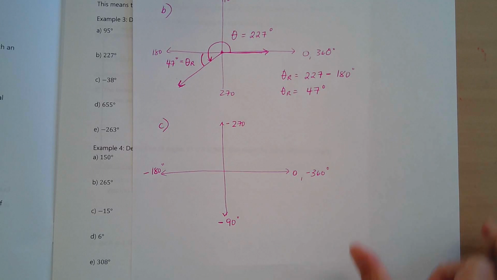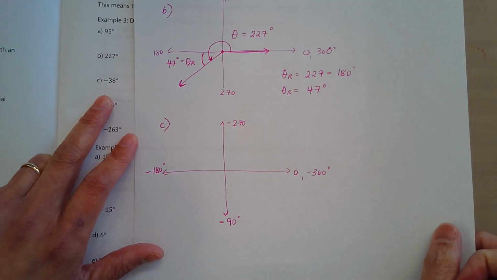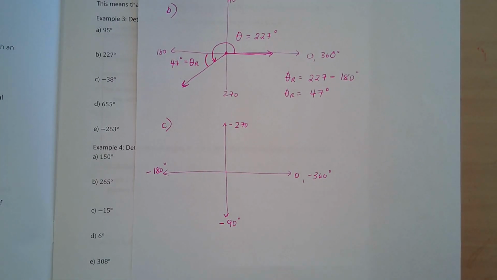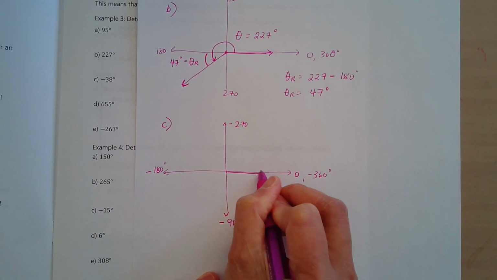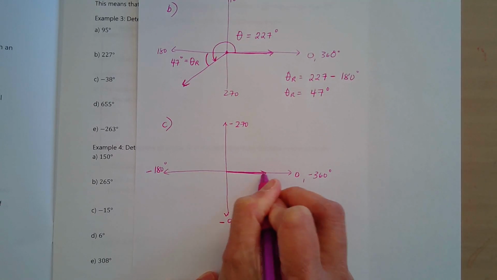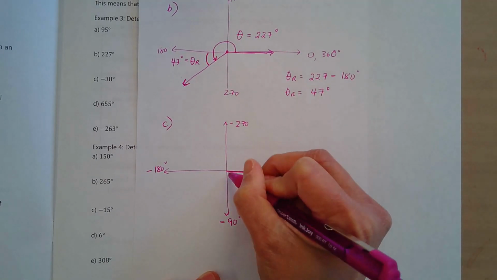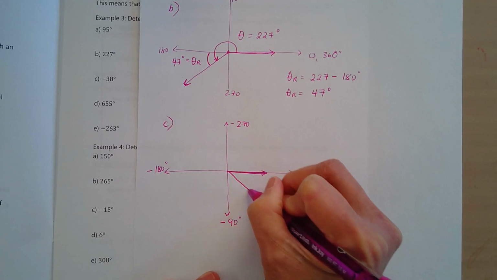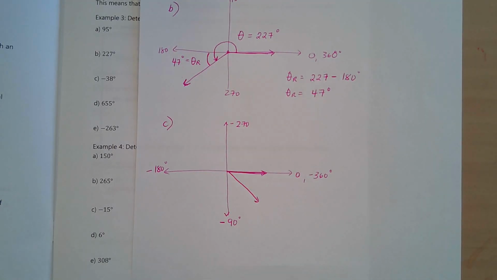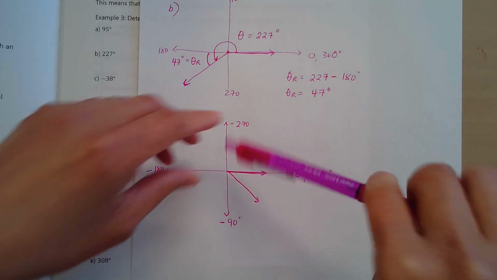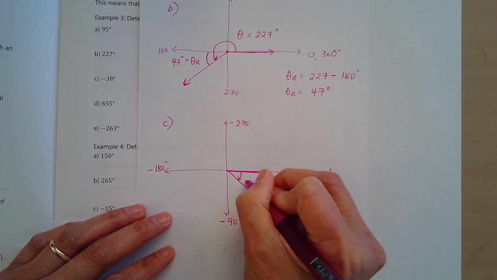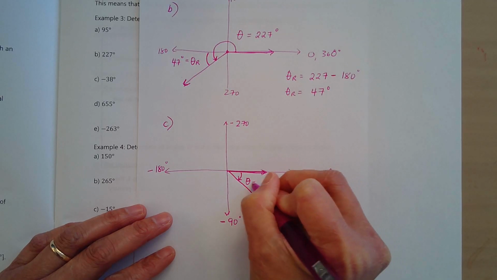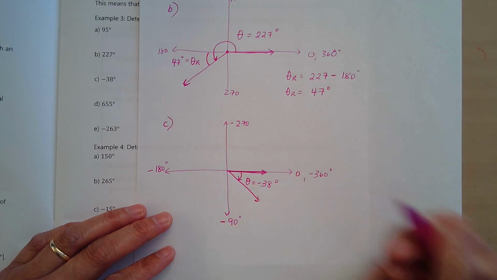So where would the negative 38 degrees go? Quadrant 4. So this is our initial arm, that's where you're starting, and then you're rotating 38 degrees, but clockwise, this way. So theta equals negative 38 degrees.